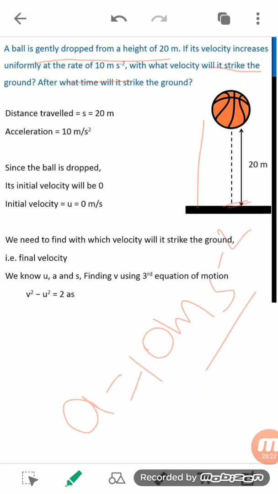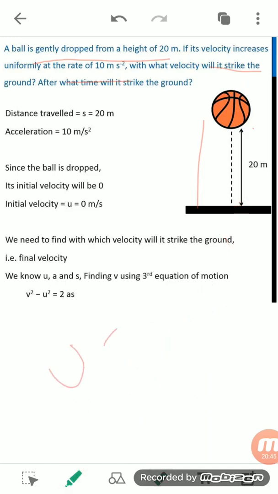First of all, when the ball was dropped from the height, at that time the velocity of the ball will be 0. It will only be dropped to the ground. So the initial velocity will be 0, so we can say that u is equal to 0.